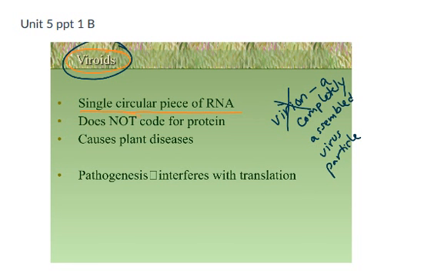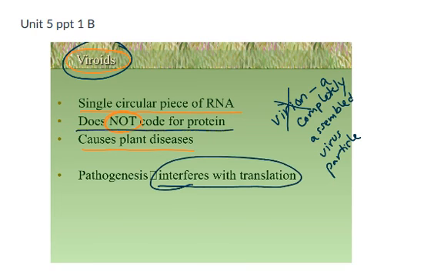It does not, this is very important you remember, it does not code for protein. So it doesn't do much of anything. It's this single circular small piece of RNA that is known to cause plant diseases. And again, you need to know the pathogenesis for this guy, and it interferes with translation because, again, it does not code for a protein.